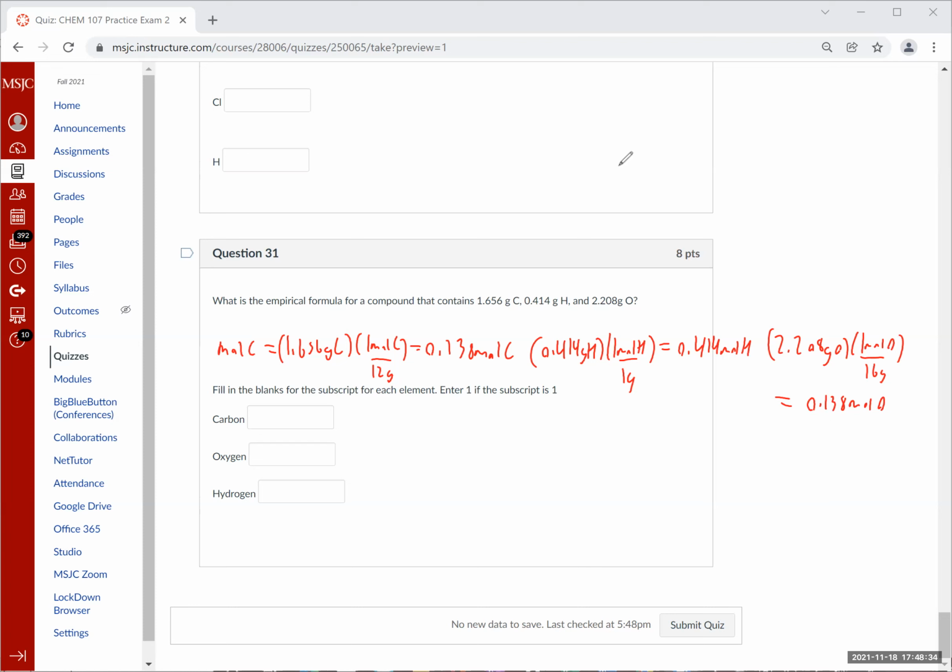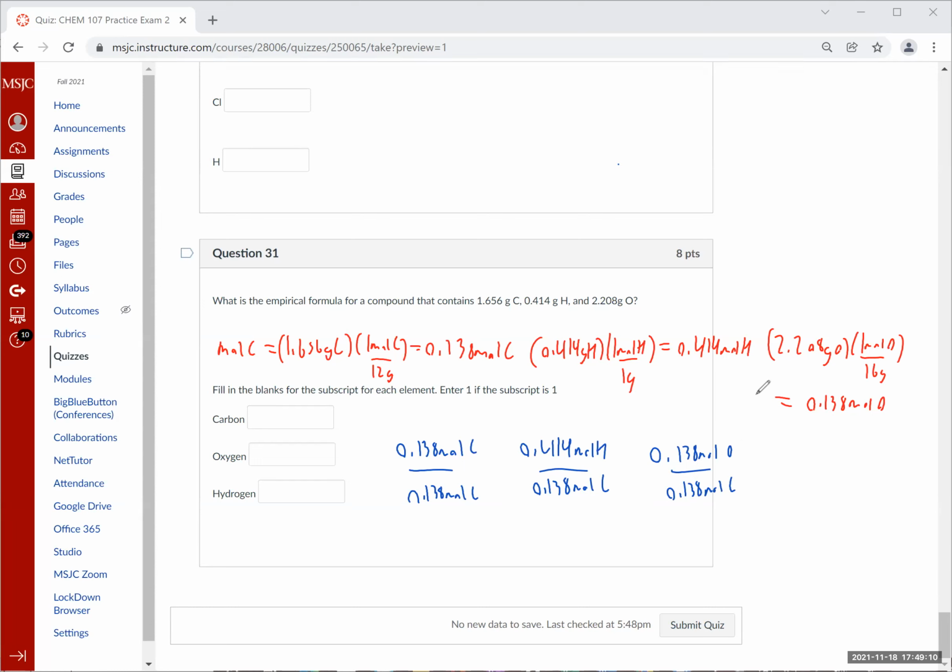Now from here, we divide our moles by the smallest number. So if we have 0.138 moles of carbon, we're going to divide by the moles of carbon. 0.414 moles of hydrogen, we're going to in turn divide by the moles of carbon. And if we have 0.138 moles of oxygen, we're going to divide by the moles of carbon.